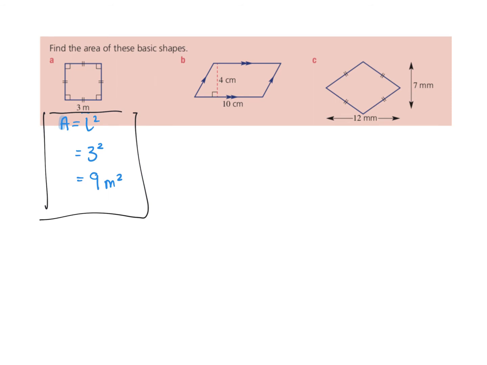Okay, up here, the second one, I can see this is a parallelogram. So I'm going to say area equals base times height, and here's my base and here's my height. It's 4 times 10, which is 40, and it's measured in centimeters, so centimeters squared. You have to make sure your units are all the same.